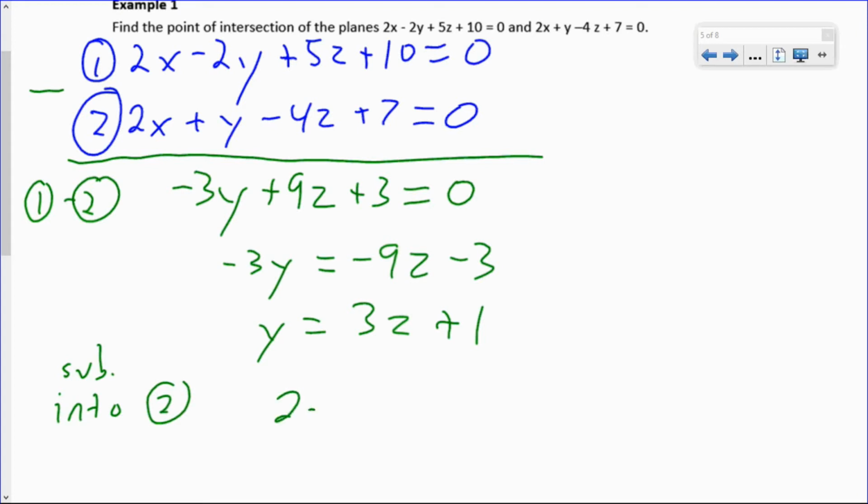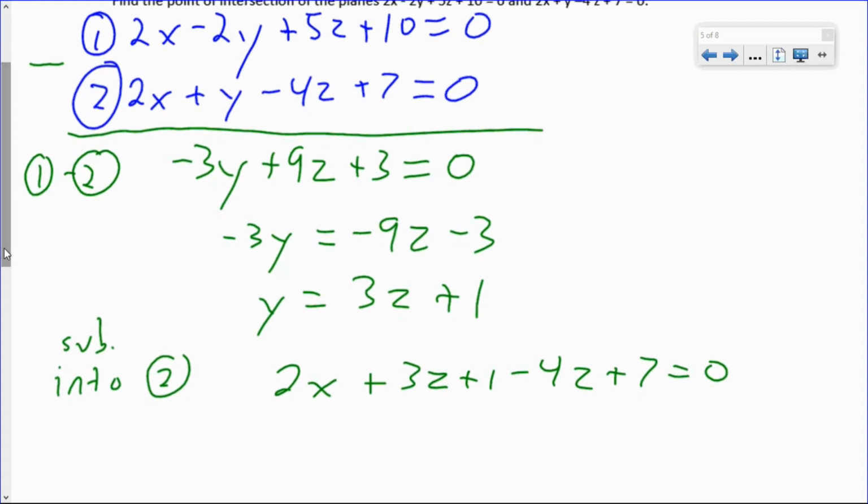I get 2x plus 3z plus 1 minus 4z plus 7 equals 0. Now I chose equation 2 and not equation 1 because if I'd used equation 1, I'd have had negative 2 times 3z plus 1, which would have made it just a tiny bit harder, not really much harder at all.